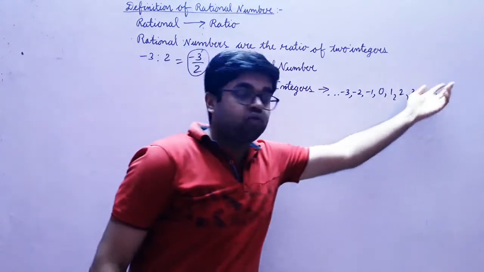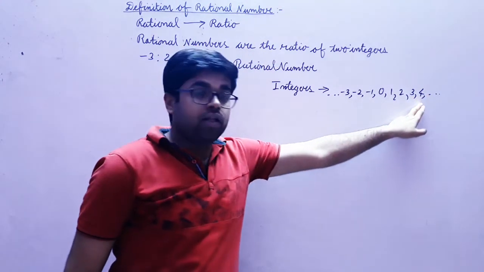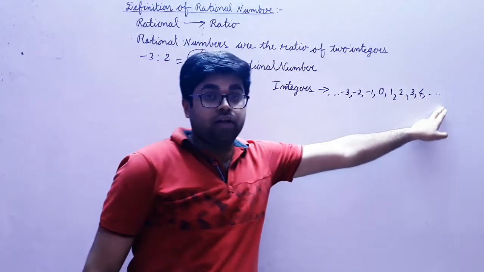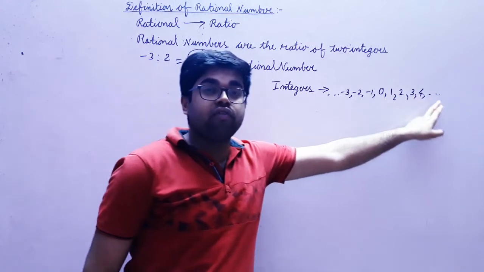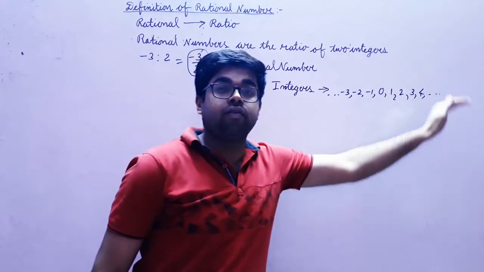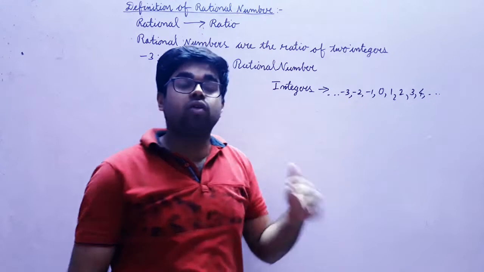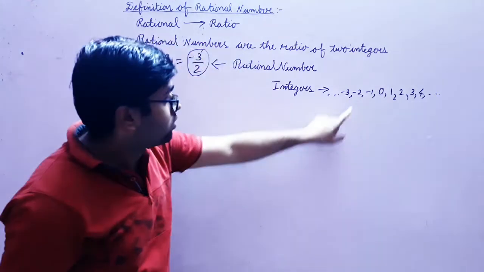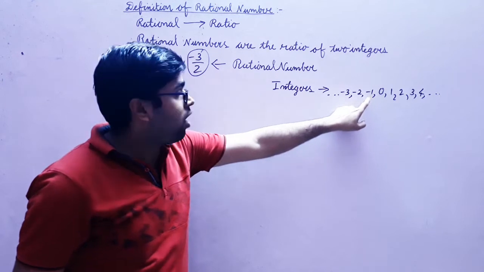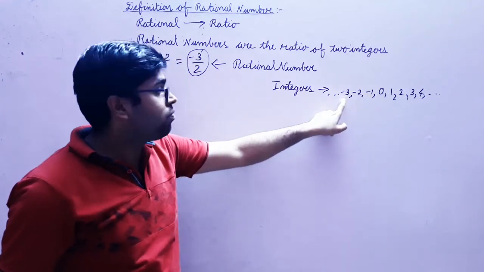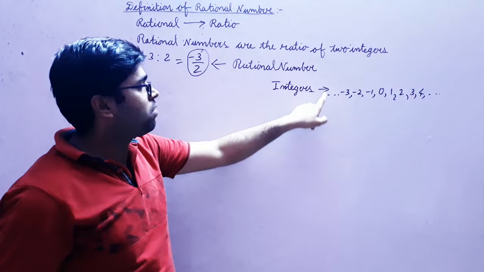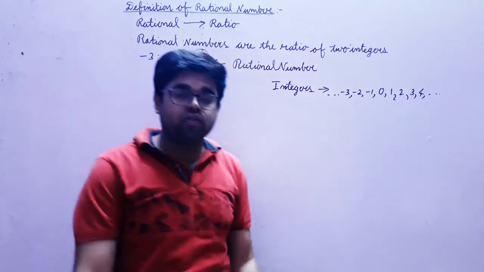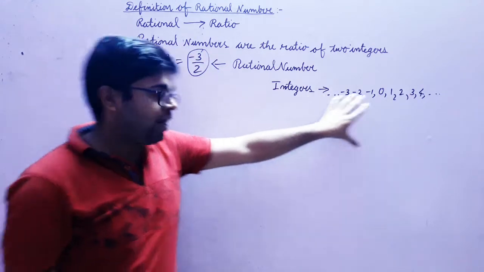This etc. up to infinity means this list will never end. That is, after 4 you'll get 5, then you'll get 6, then you'll get 7, and so on. You'll keep getting the numbers. You'll get 999, you'll get 1000, 1 lakh, and so on. Similarly, after minus 3 you'll get minus 4, then minus 5, minus 6, minus 7, and so on. So these are the integers.